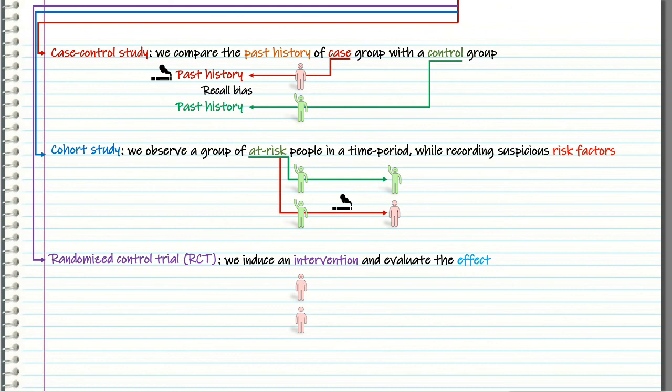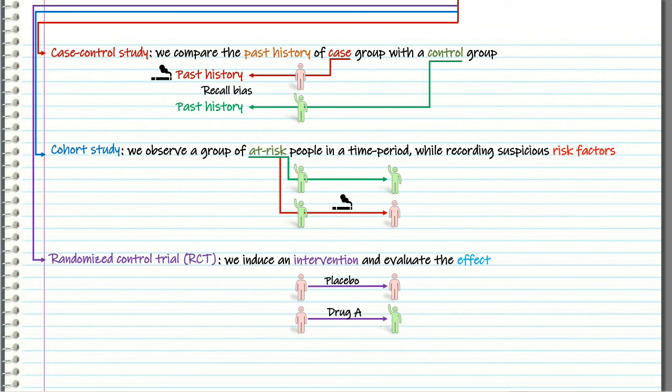Usually they are chosen randomly, and it's blinded because they don't know if they are using the medication or not, or if it's a placebo. Then we can see the effect in the end. There are a lot of ethical issues that we should follow in the randomized control trial.